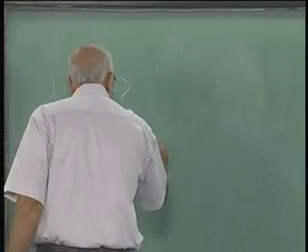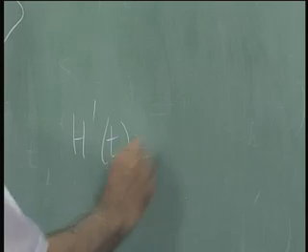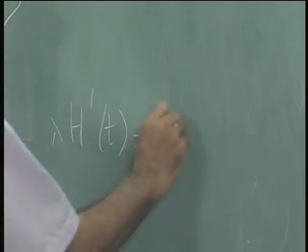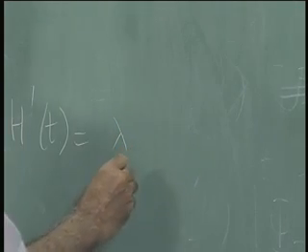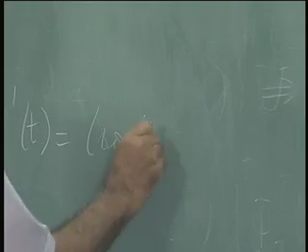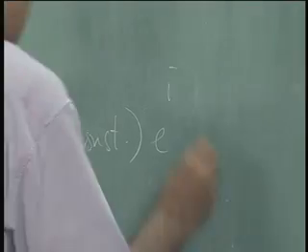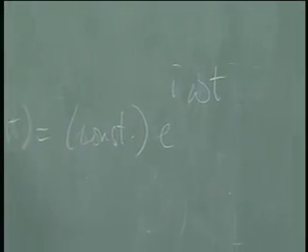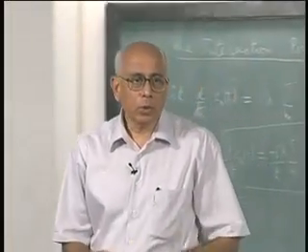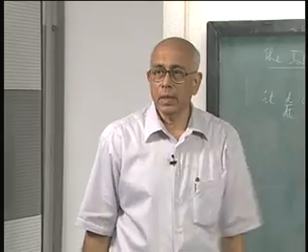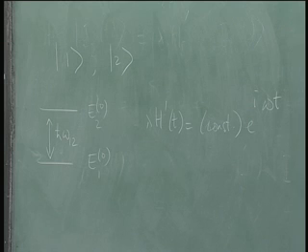So I add an H prime of t equal to some lambda and then some constant e to the power i omega t, this is omega 1 2. And I switch on a field at some other frequency, and then I would like to know what happens as I tune omega over different values. For instance, if omega exactly equals omega 1 2, what happens? Then it is in resonance.